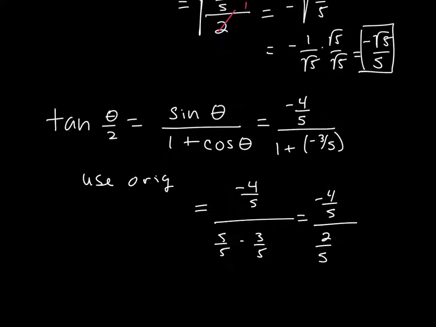Those 5s basically cancel each other out. The reason they do is that I'm multiplying this numerator and denominator by 5 over 5, and those cancel. And we are now done, because all I am left with is negative 4 over 2, so all of it is equal to negative 2. And that is the last one for my half angle formula.